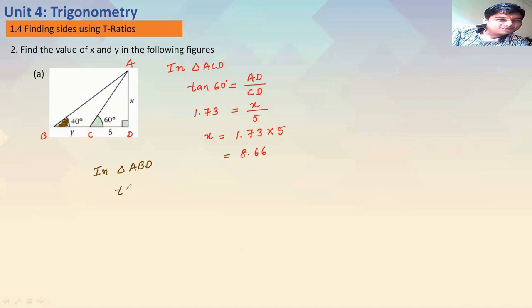So this is tan 40 degrees equal to the whole height, that is AD, opposite side, and the whole line segment BD, which functions as adjacent side. Are you getting the information that I'm giving you? Yes. So let's find out tan 40 degrees first. What is tan 40 degrees?